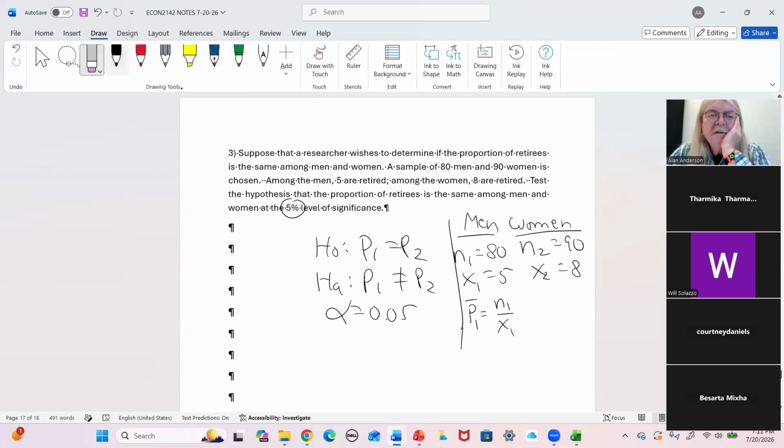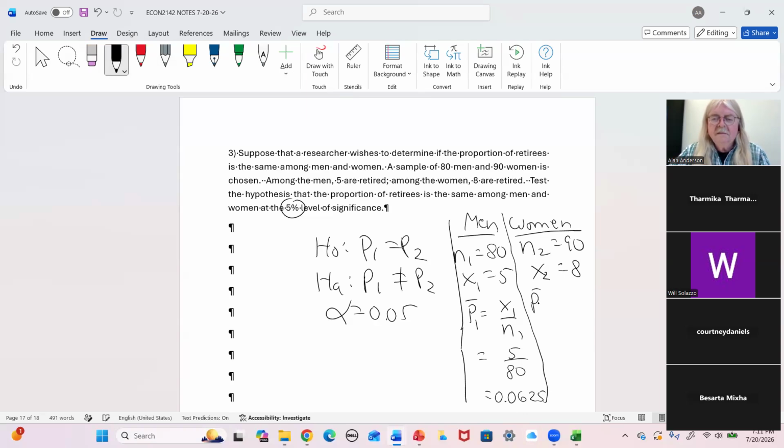It's X over N. So 5 out of 80 is approximately 0.0625. And for the women, we have 0.0889.